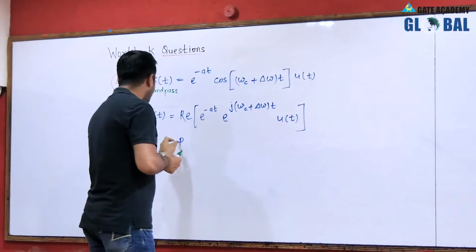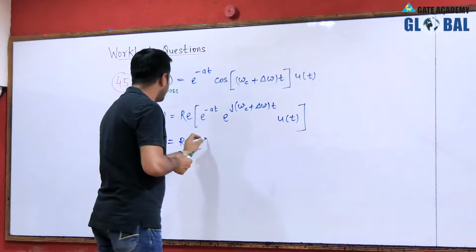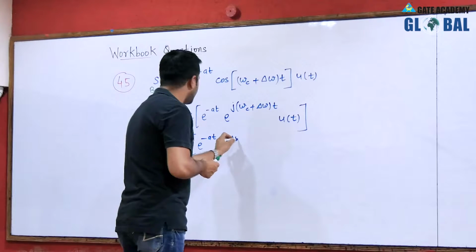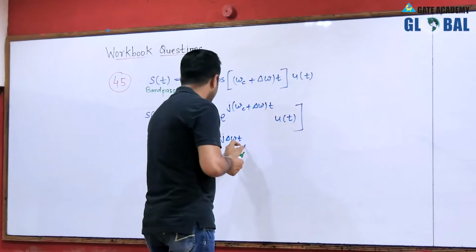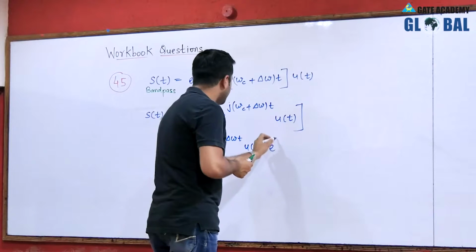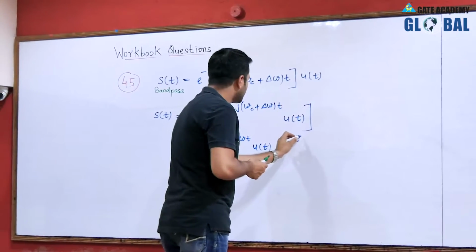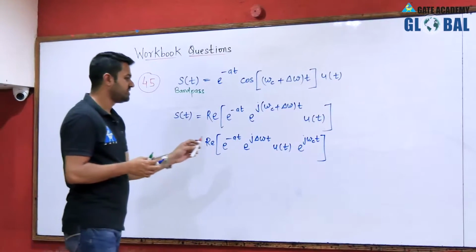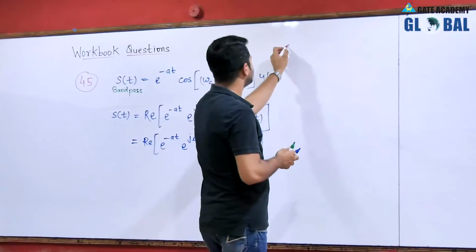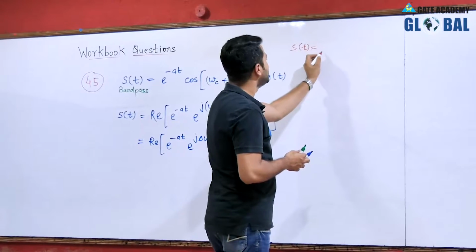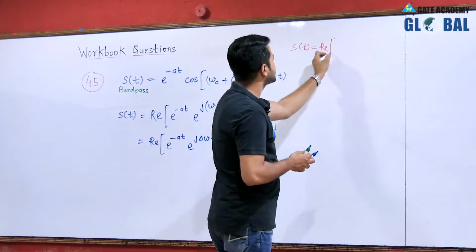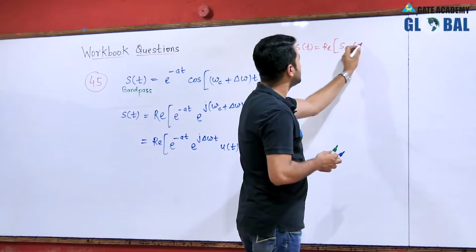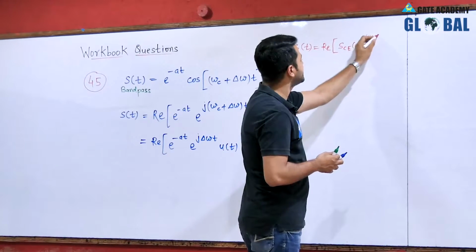Now if I write real part of e to the power minus at, e to the power j delta omega t, u(t) and e to the power j omega c t separately, then by the definition of the complex envelope, any band pass signal s of t can be represented as real part of the complex envelope multiplied with e to the power j omega c t.